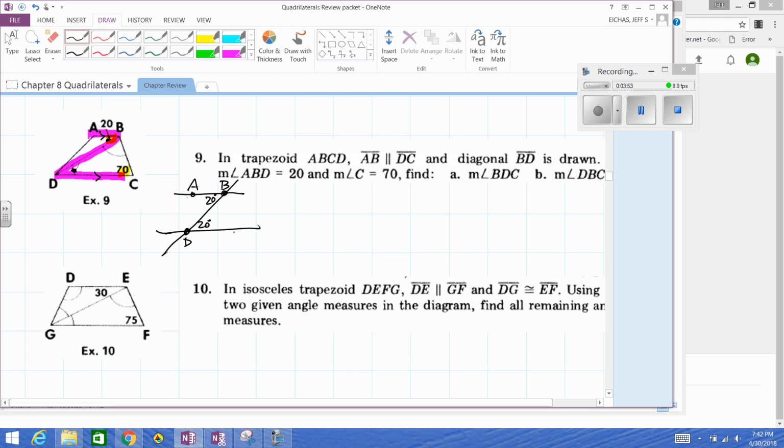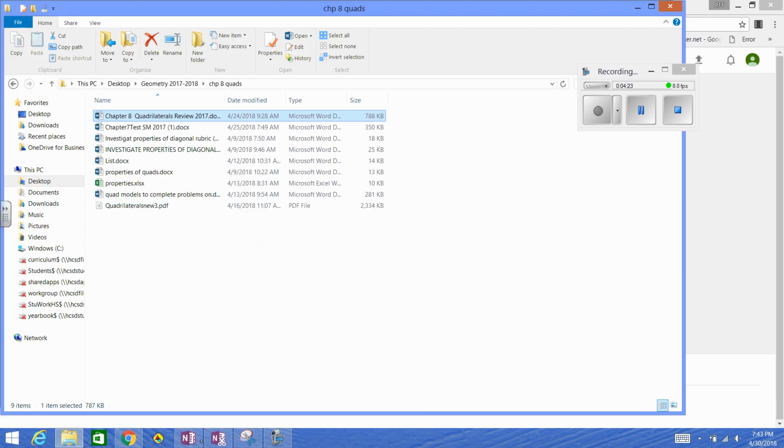And then we want to find the measure of angle DBC. There's a couple ways we can do that. So first, A, the measure of angle BDC is 20. You're going to use the alternate interior angles theorem, congruent. And then for B, one way to do it would be to add the angles of a triangle up to 180.